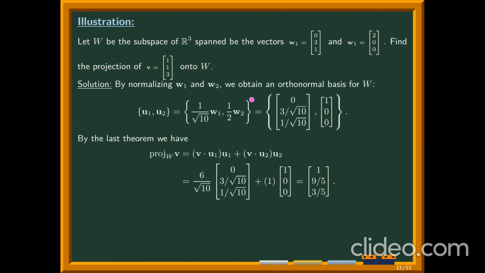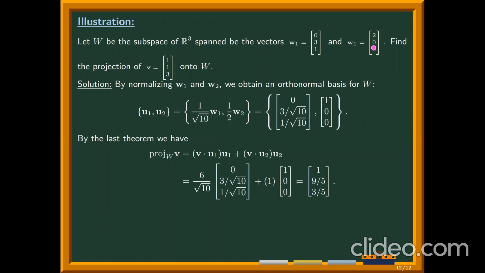So we should normalize w1 and w2 first in order to obtain an orthonormal basis for W. The length of (0, 3, 1) is square root of 10. So we just take the scalar multiple of this vector by 1 over square root of 10 to obtain this.